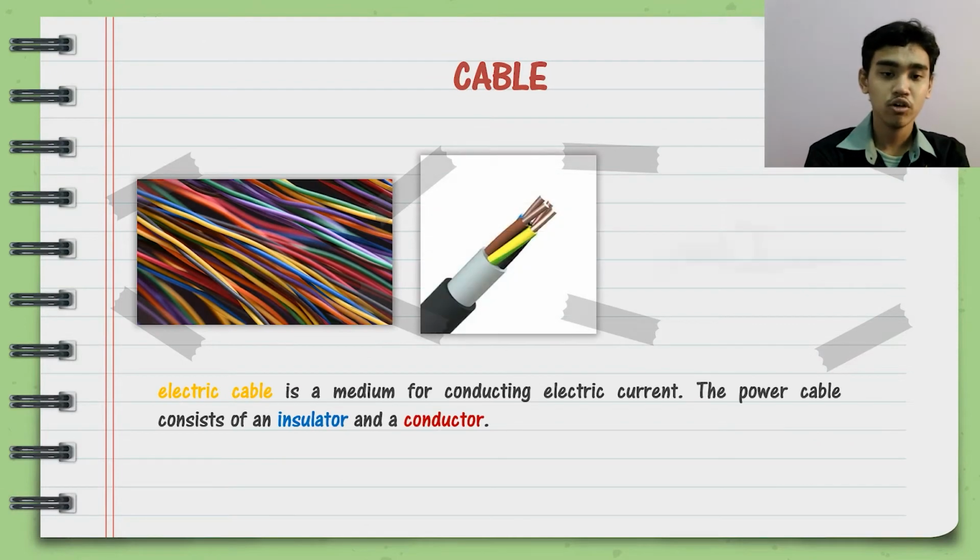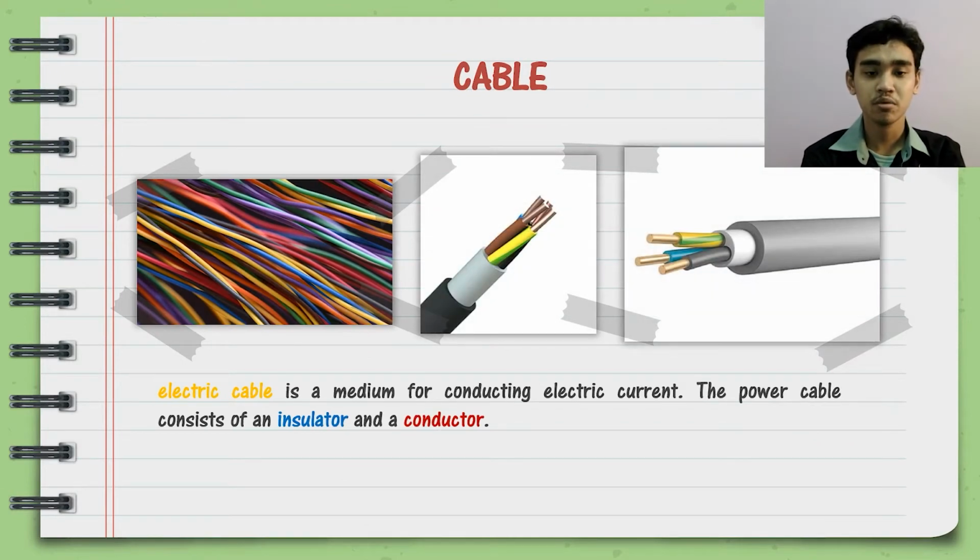Okay, I will explain about the definition of cable. In general, the power cable is the medium for conducting electric current. The power cable consists of an insulator and a conductor. The conductors are made of copper or aluminum.